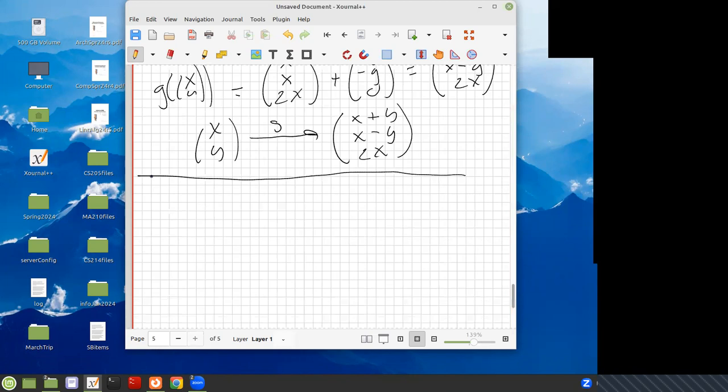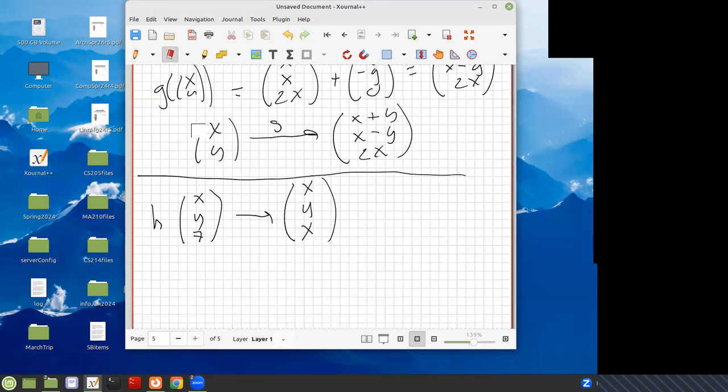Okay, so let's do another example. Let's say that I had H of (x, y, z) goes to (x, y, x). Well, this one has, let's use the standard basis here. This is the formula. Instead of giving you the formula, let me just give you the basis action.